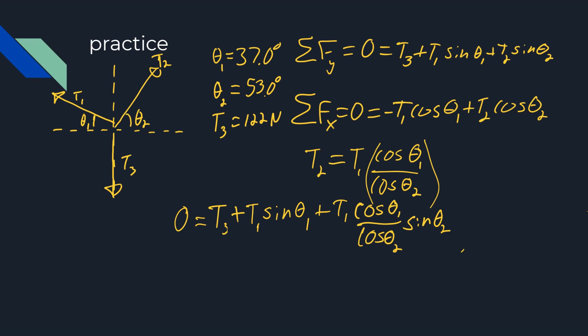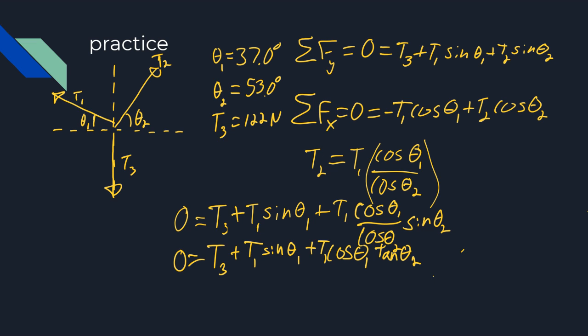So this is going to be T3 plus T1 sine of theta 1, and then the T2 has to turn into that T1 part, so it's T1 cosine of theta 1 over cosine of theta 2 times sine of theta 2, which is kind of nice because then we have just the tangent. So we have T3 plus T1 sine of theta 1 plus T1 cosine of theta 1 tangent of theta 2.